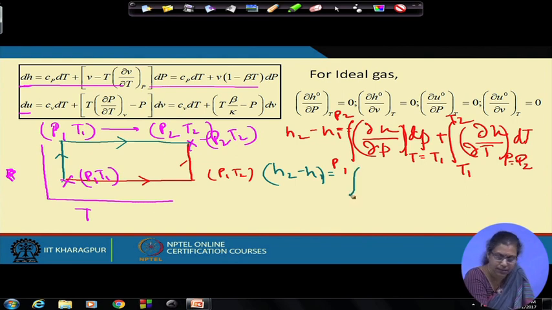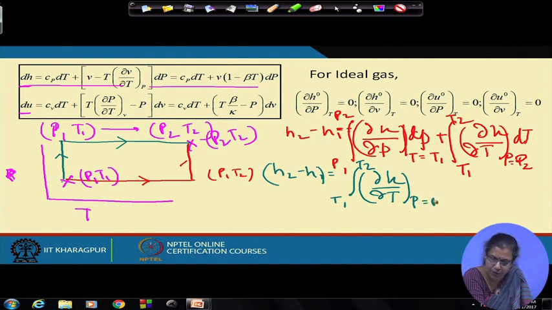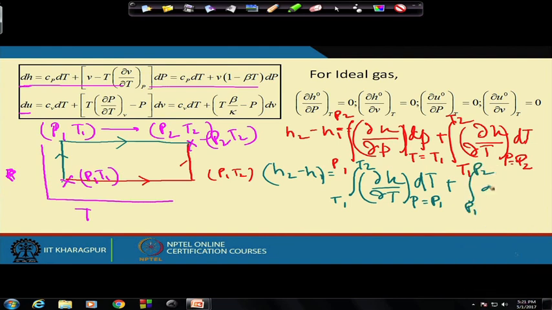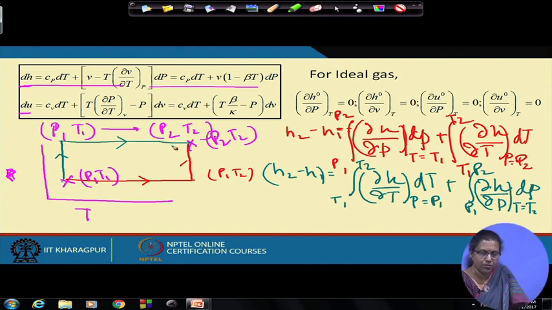In this case, initially I am going to write integral T1 to T2 of (del H/del T) at constant P equals P1 dT, plus integral P1 to P2 of (del H/del P) at constant T equals T2 dP, right. So, therefore, I can either perform it by this process or I can perform it by this process. Normally, it should hardly matter.